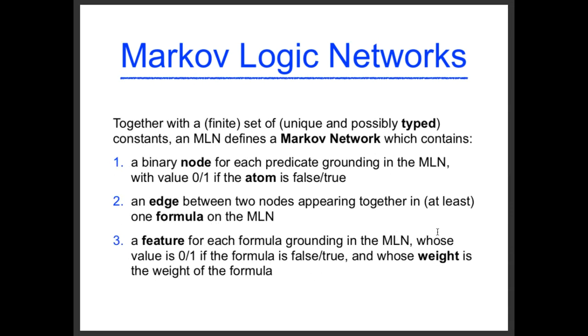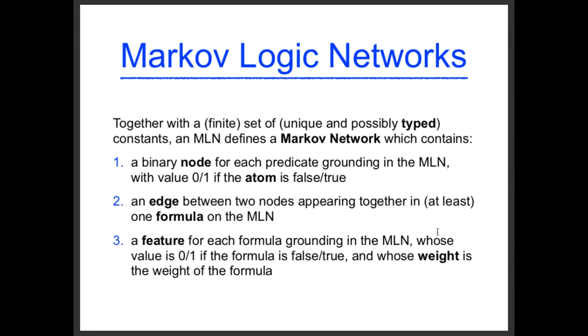So you have this list of rules, each with a weight, okay? And basically this can be seen as a template to instantiate a Markov network, okay? Using what? Using constants, okay?